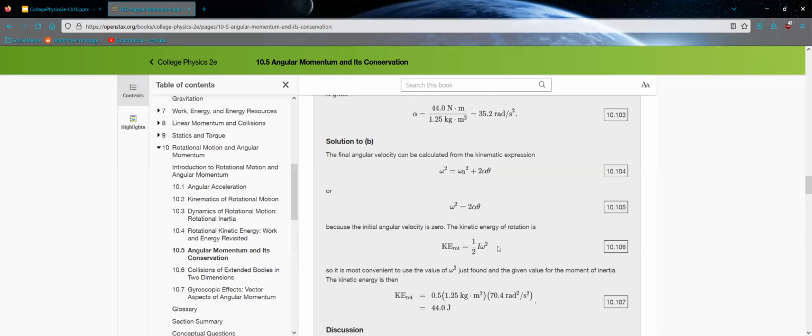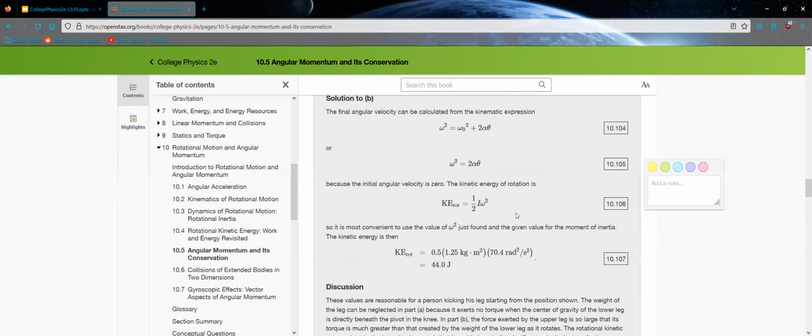The most convenient use of this is plugging in said rotational acceleration into our equation here to find our rotational velocity. Once we know our rotational velocity, kinetic energy is directly related to the velocity at some said moment, and the math solves itself.